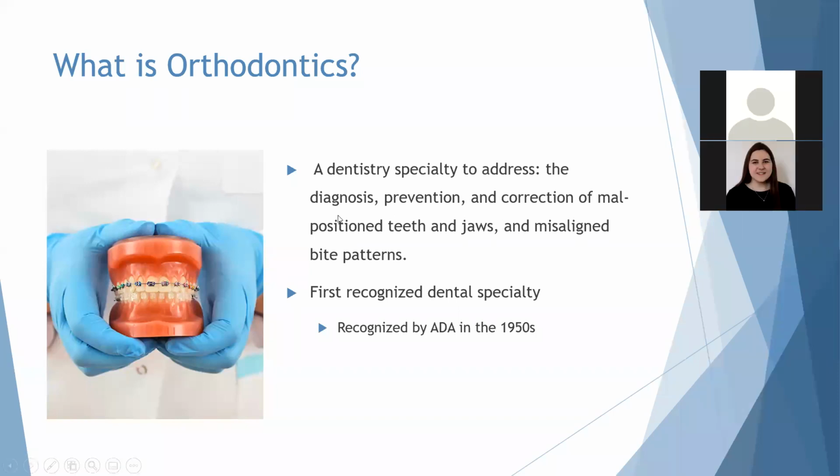Now, orthodontics is a very vast topic. It takes years and years for dentists to become an orthodontist, depending on their country's system of training. For example, in Canada, you would have to acquire your DDS or DMD degree, and then you can apply for the specialty.